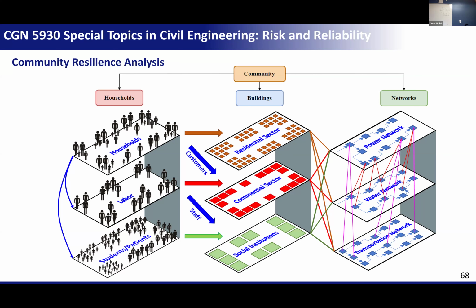And the labor provides staff for commercial services and social institutions: teachers, doctors, and the same for the residential sector. So it's all dependent on each other. If you are able to solve these interdependencies and cross-dependencies between the three systems, you are going to get somewhere in solving the community resilience analysis.